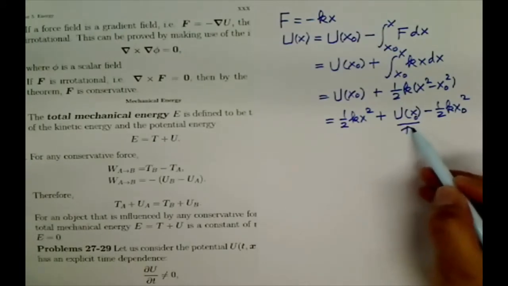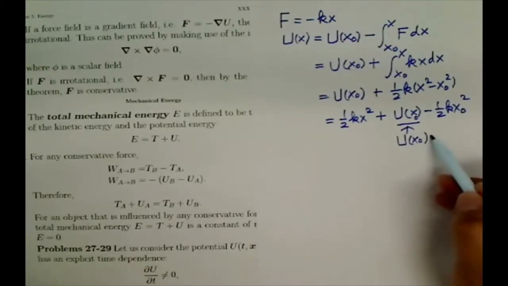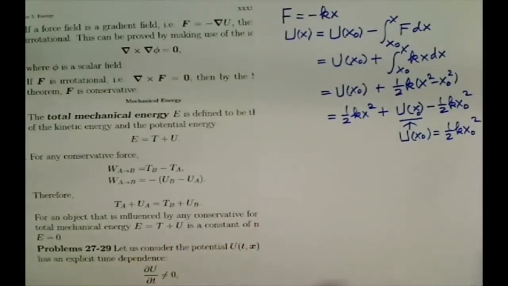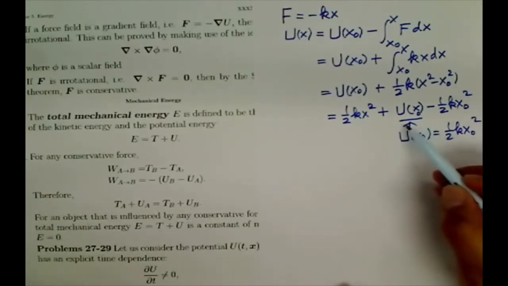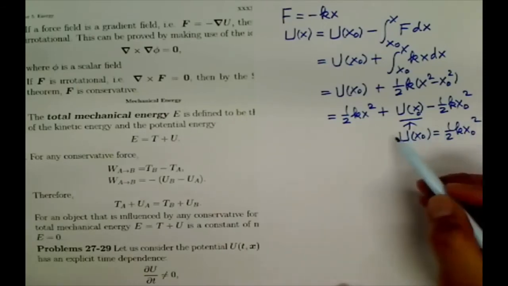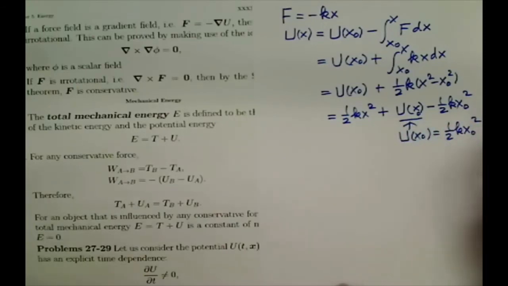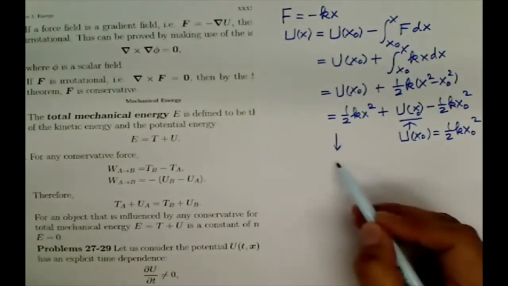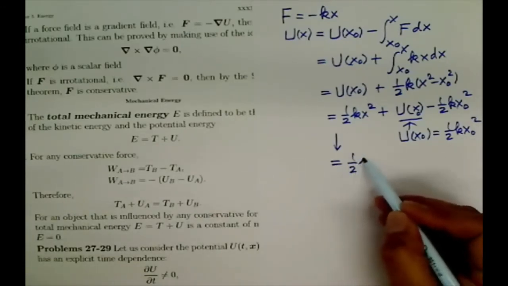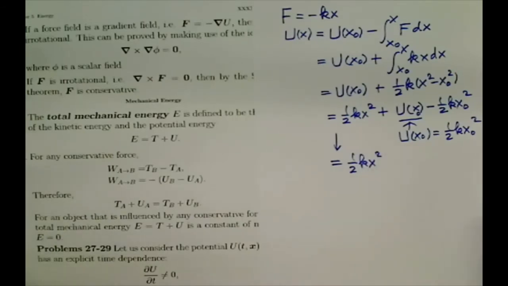So if we set U of x0 equals 1/2 kx0 squared, then they cancel exactly. So with the choice of U of x0 to be 1/2 kx0 squared, then we have 1/2 kx squared.